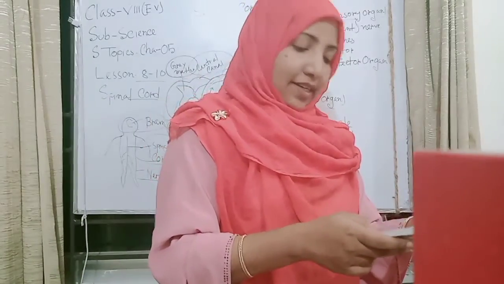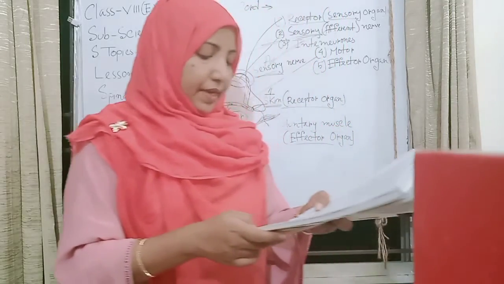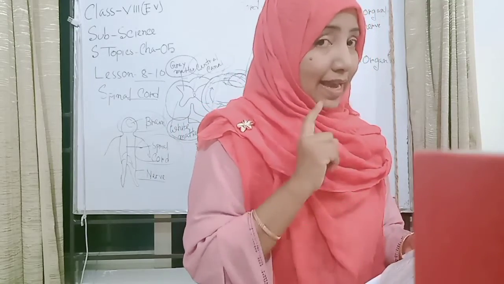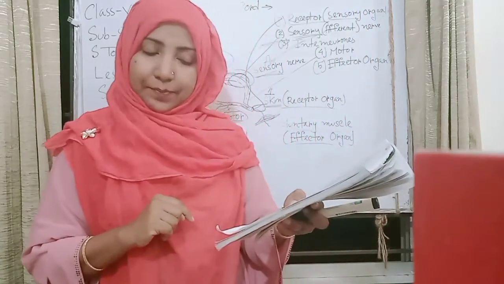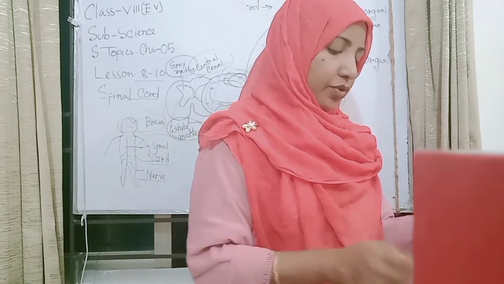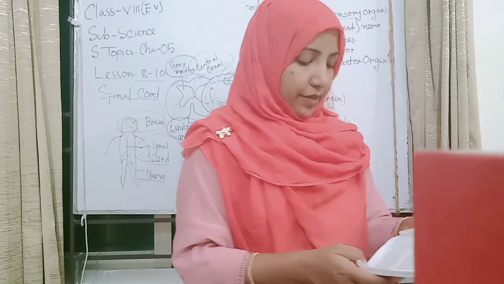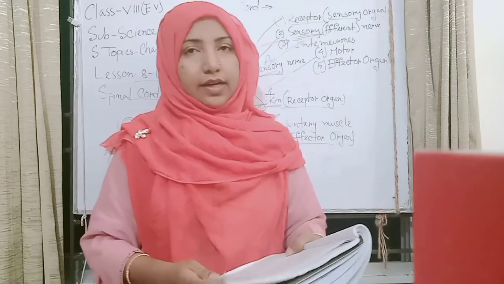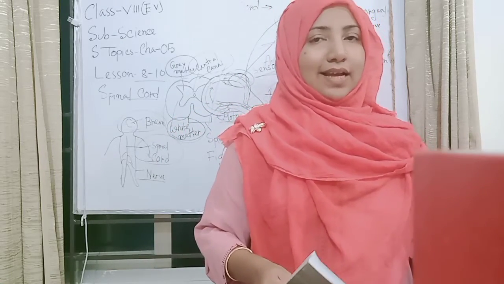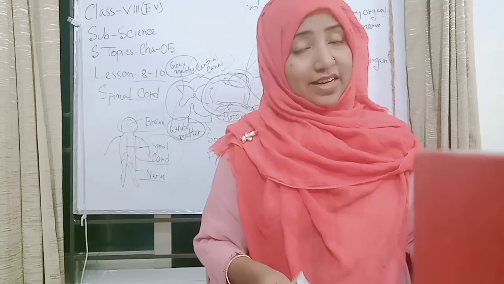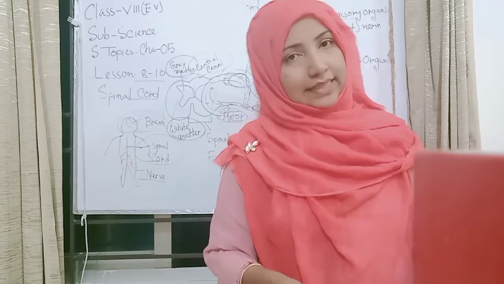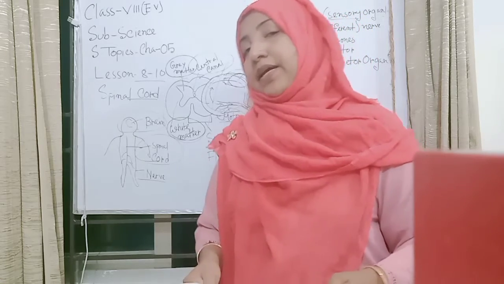In response, the central nervous system sends back a message. In the previous class, I explained the central nervous system. It sends back a message through the efferent or motor nerve fibers to the muscle of the organ, and as a result the organ is withdrawn. My dear students, today I have explained a very important topic: the reflex action, which happens basically in the spinal cord.